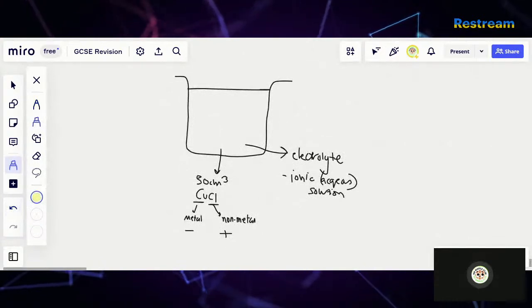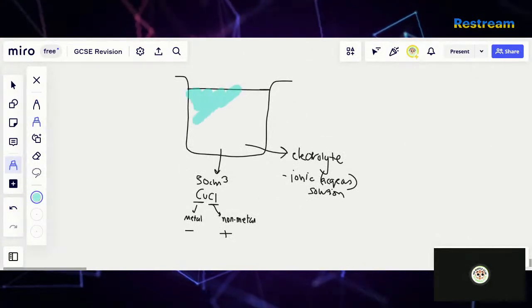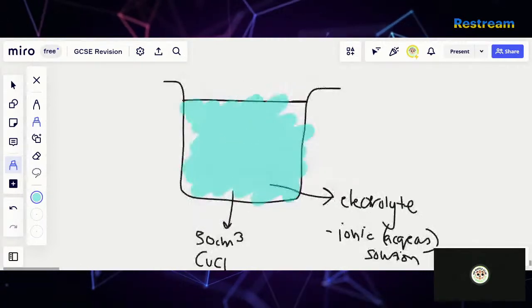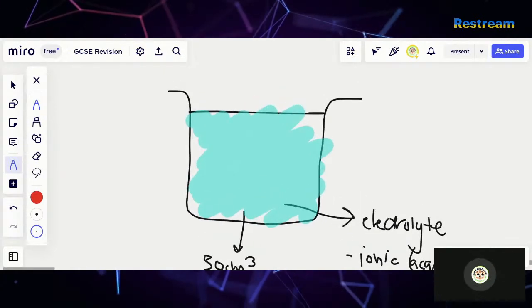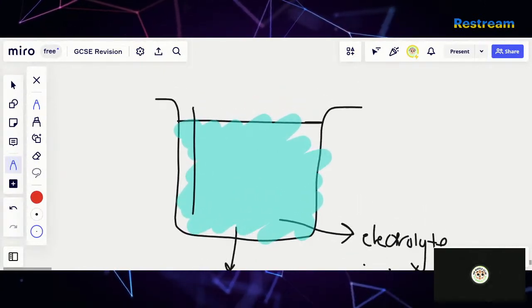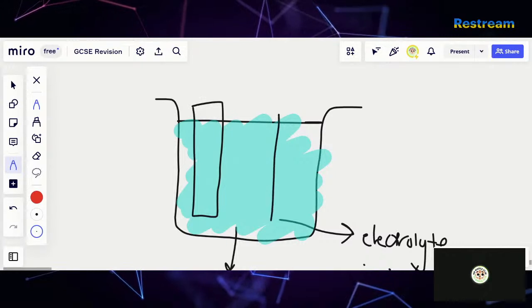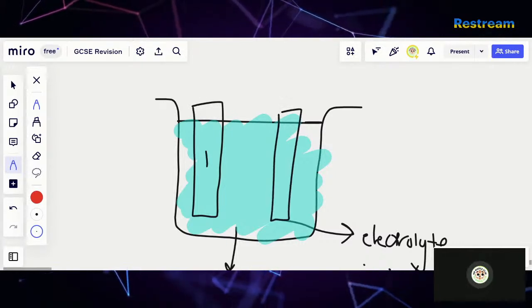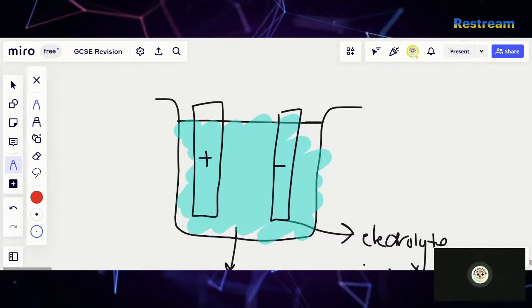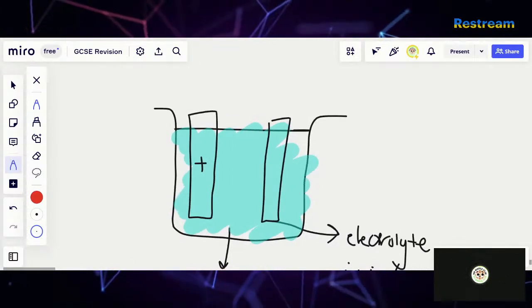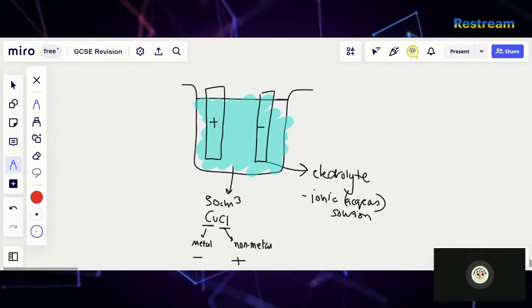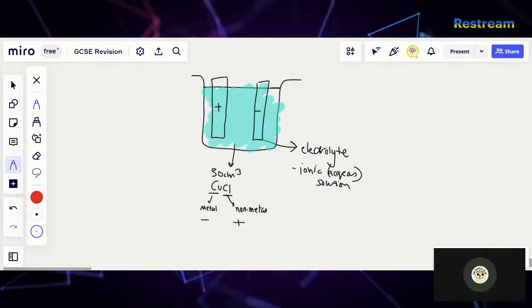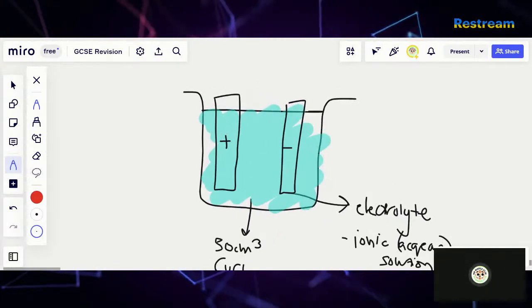So we have our electrolyte here. Let's represent the electrolyte with a blue liquid. Now we're going to have our two electrodes in the solution. One is going to be positive and one is going to be negative. We have to connect the electrodes to a power source, because the ions will only move within the solution if there's a power source to make this positive and this negative.